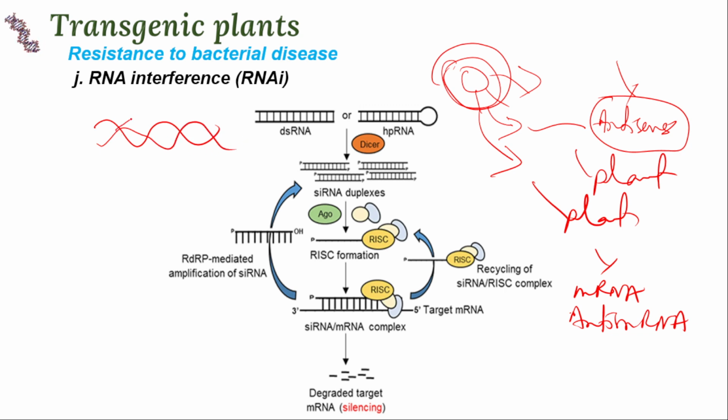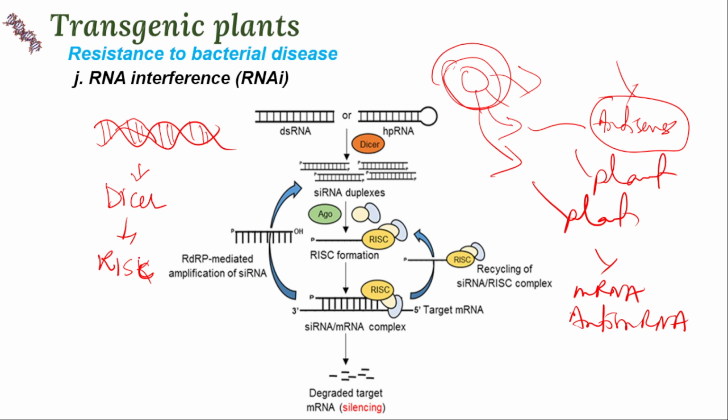This double-stranded mRNA in a plant cell is not natural. So that will be recognized by the plant defense mechanism called dicers. Whenever dicers recognize that, it will trigger the RISC complex to be generated.